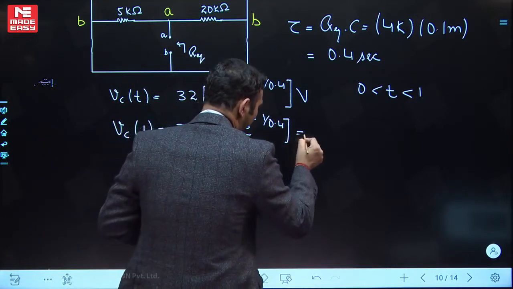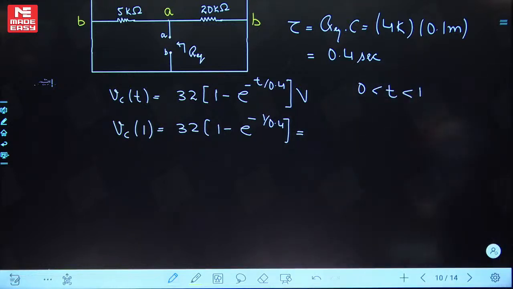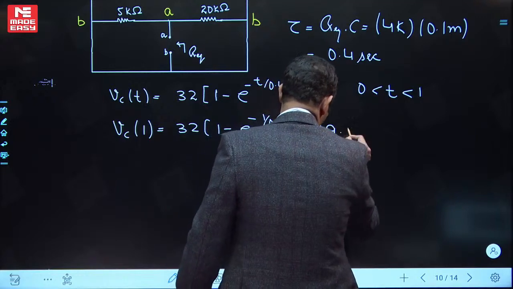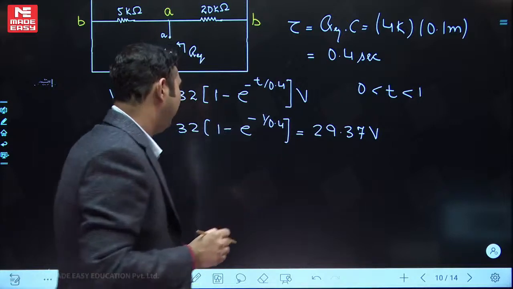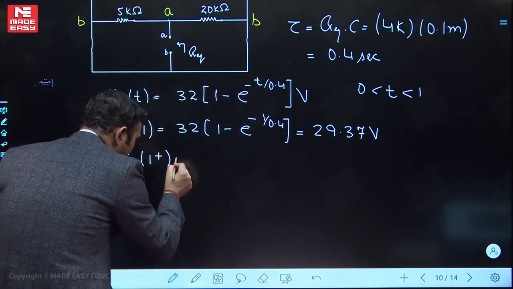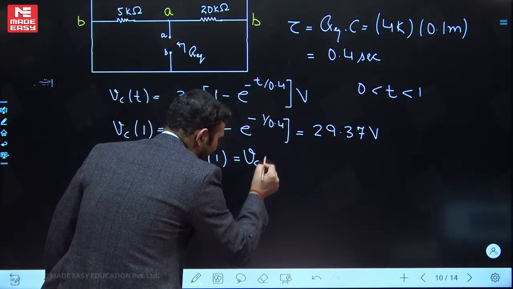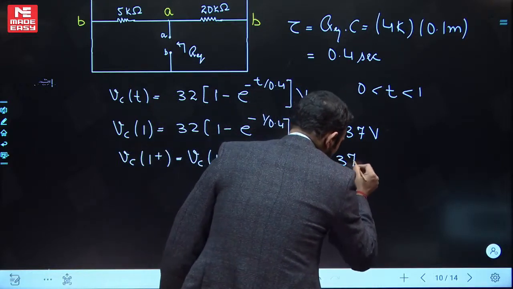I have already calculated this one; let me check the value we are getting: 29.37 volts. So the initial value we have calculated, Vc1 plus, is the same as Vc1 minus, which is coming as 29.37 volts.